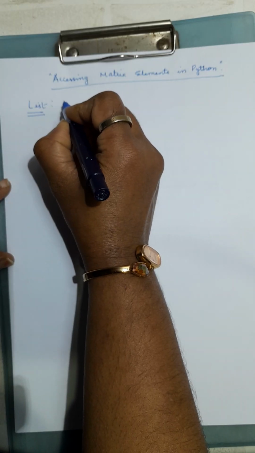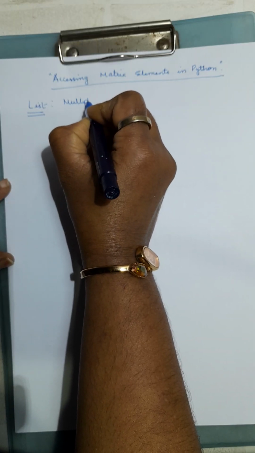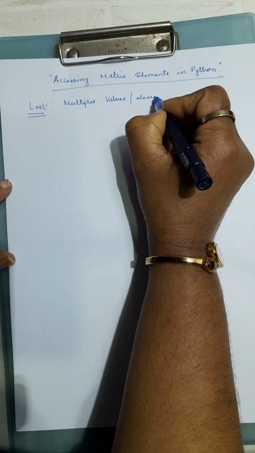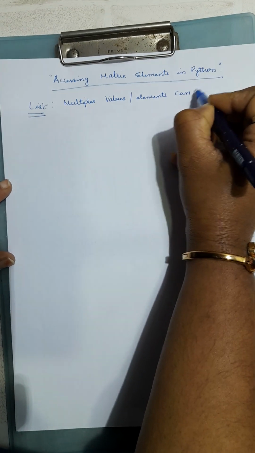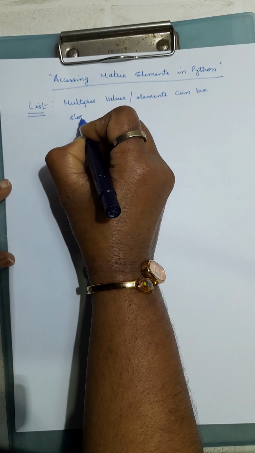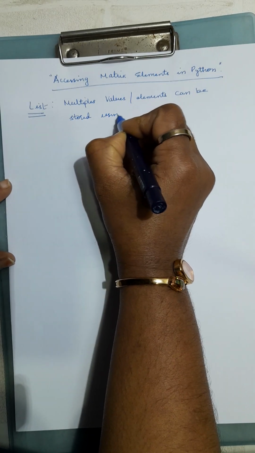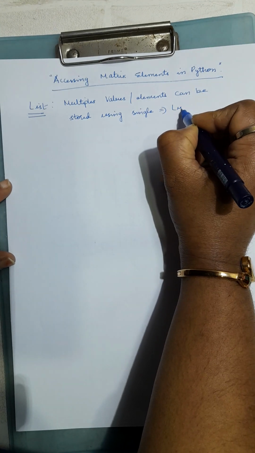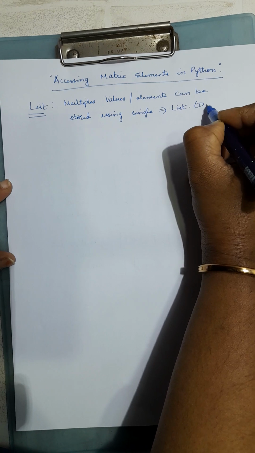A list is where multiple values or elements can be stored using a single variable. So we make use of the list data type.